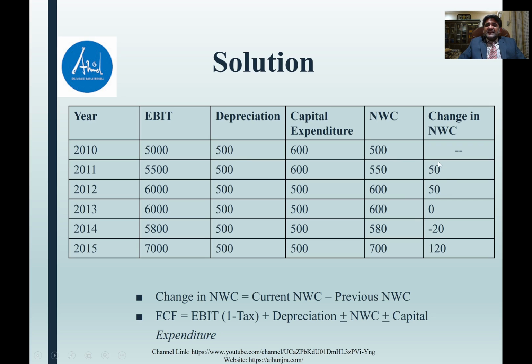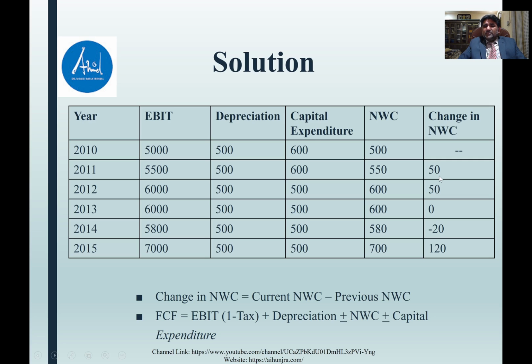Two simple words: if the change in net working capital is positive, we subtract it in the formula. If it is 0, there is no change. If it's negative, say last year the net working capital was 600 and this year it's 580, it means you have an extra $20, because free cash flow will be increased. So we add it in the formula.